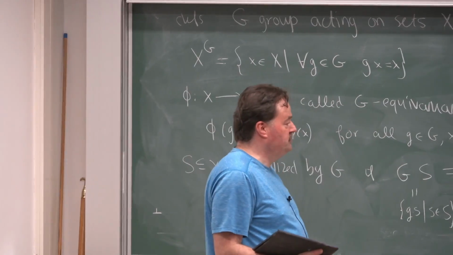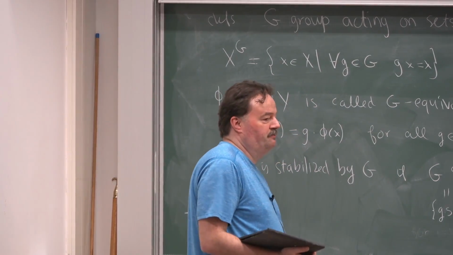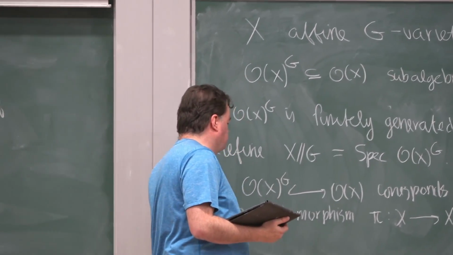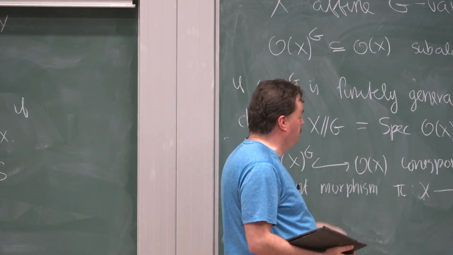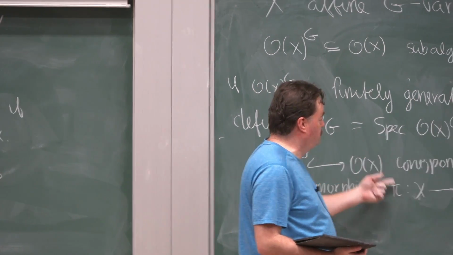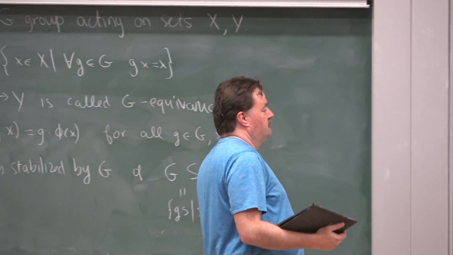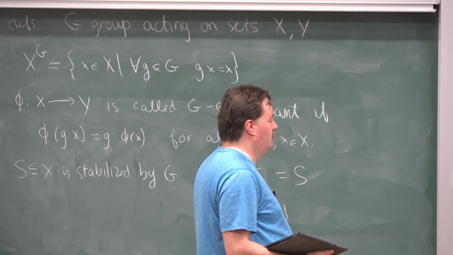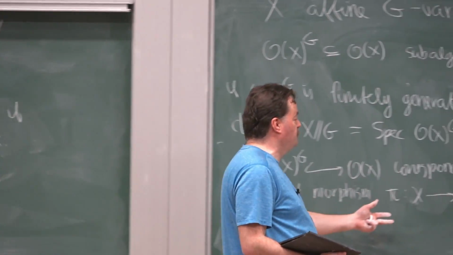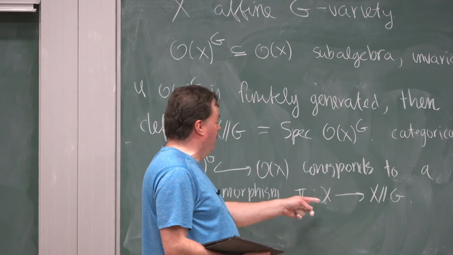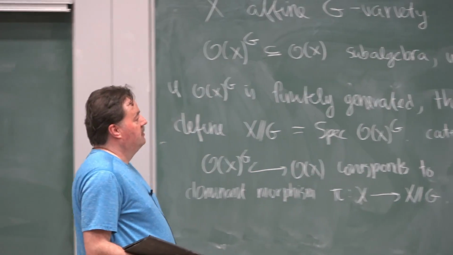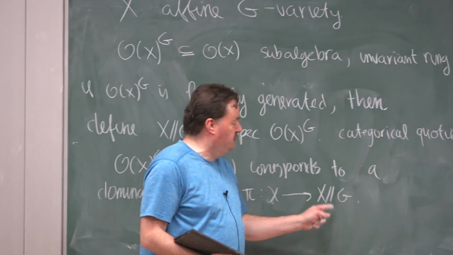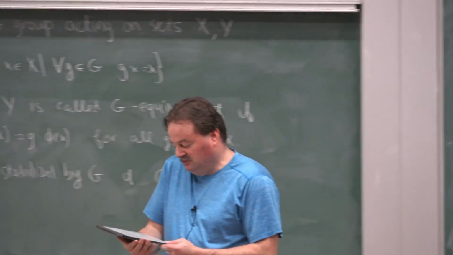In general, it doesn't always have to be surjective if G is not reductive. And this is a quotient in the sense that pi is constant on orbits, for sure. And it has a universal property: any map from X to some affine variety that's constant on orbits factors through this quotient in a unique way.